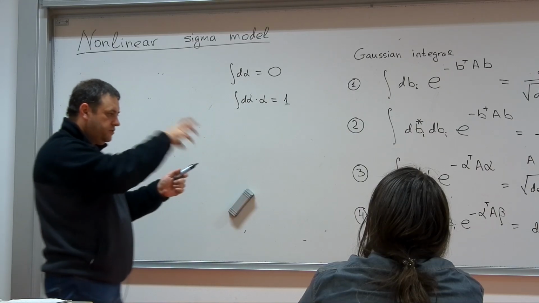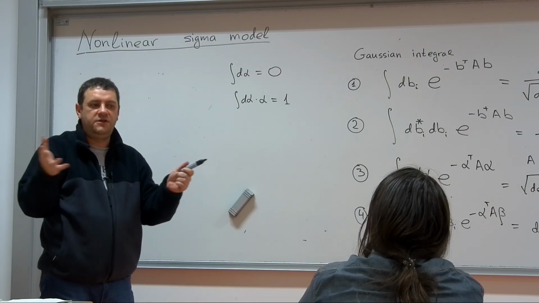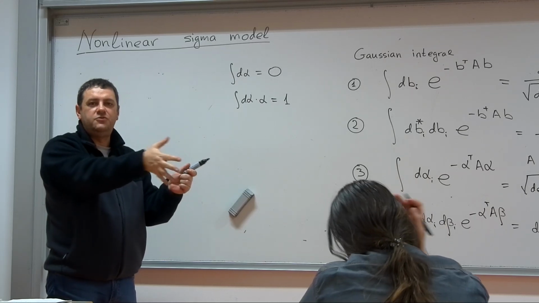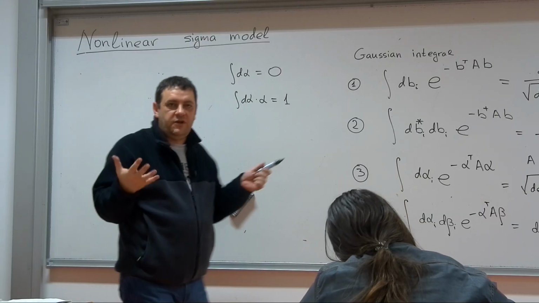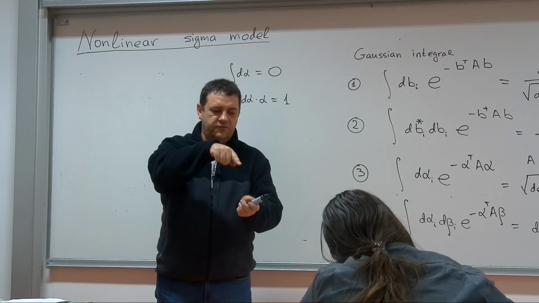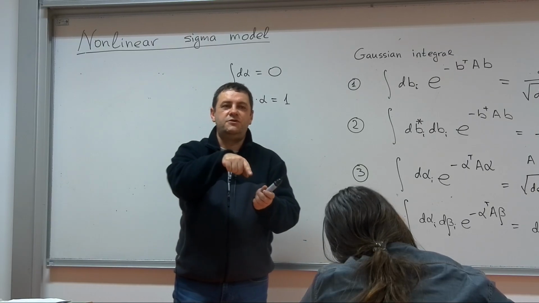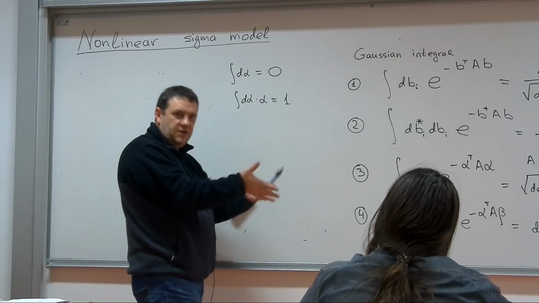You have a field which has a value at every point, and the amplitude of this field is more or less like the amplitude to find a particle at this point. So if you have electrons, you have a field which represents these electrons. The larger your field here, the larger the amplitude to find the electron here.